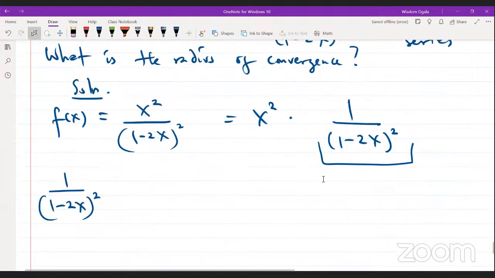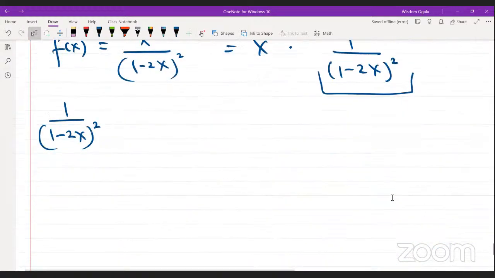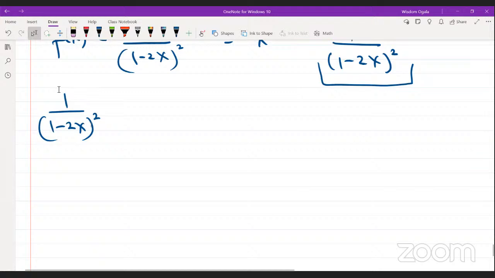Now, let's go back to the first example. What we really needed was 1 divided by (1 minus x) all squared. But we differentiated something to give us that, right? So we do the same thing here. What can I differentiate to give me this? And this is 2 divided by 1 minus 2x, prime.